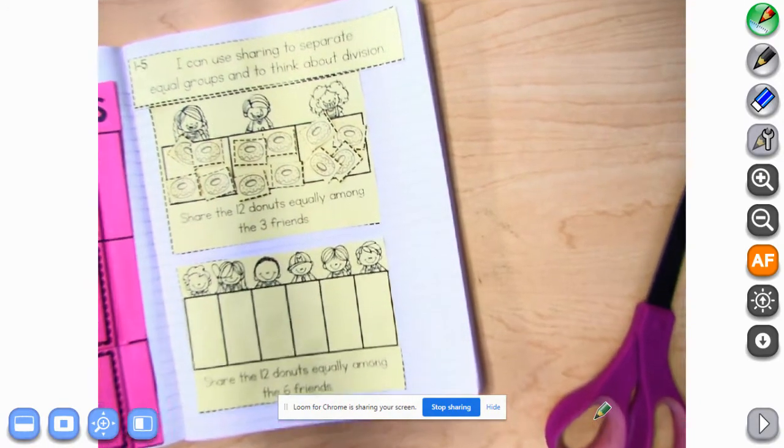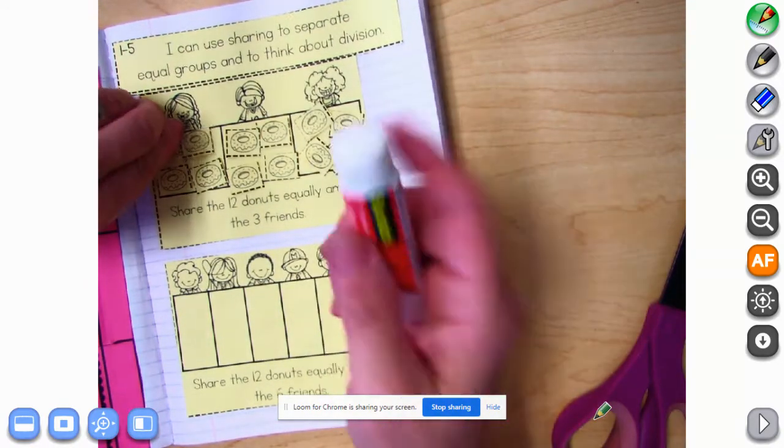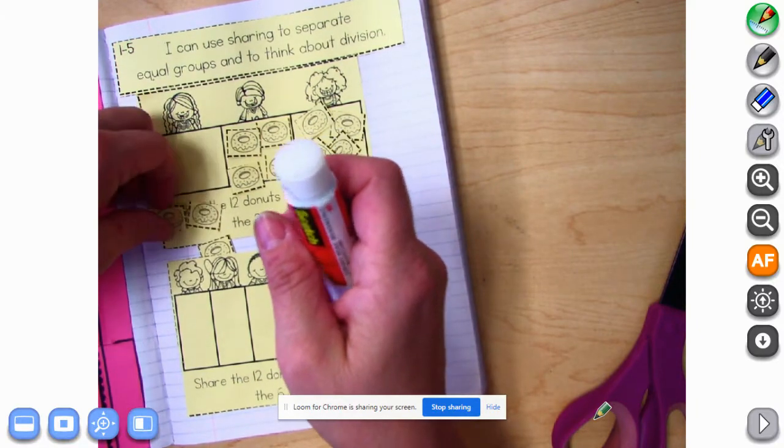So now that I've got them sorted out, now I'm going to glue them down. So I said 4 in each one.